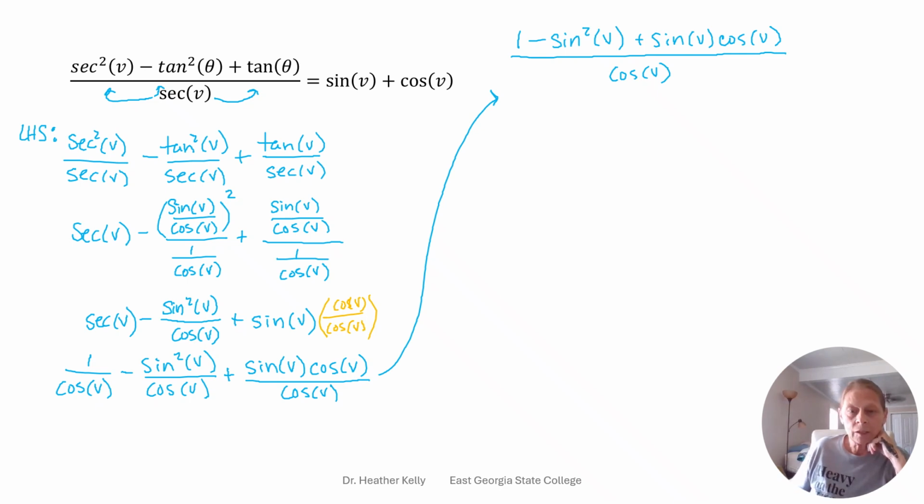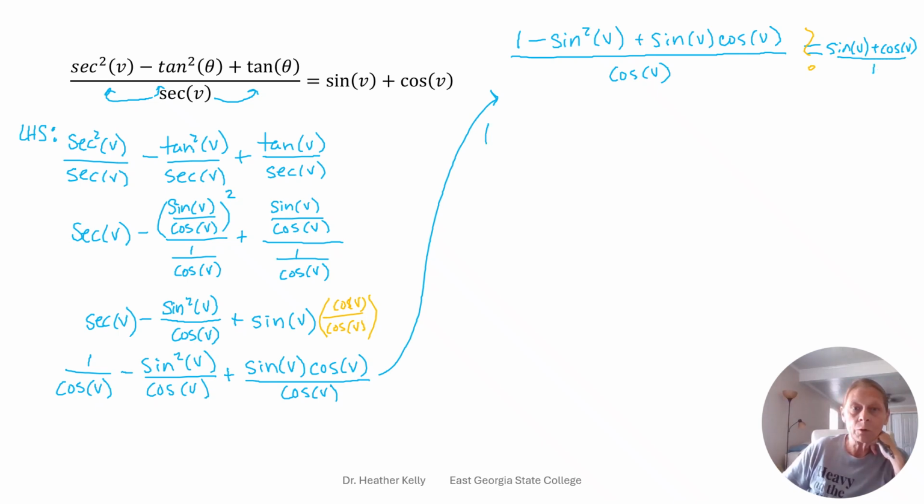Well, I think at this point, that's about as straight as I can get it. Is it equal to this guy, sine v plus cosine v? So we can do a little cross multiplication here. This is over 1, right?